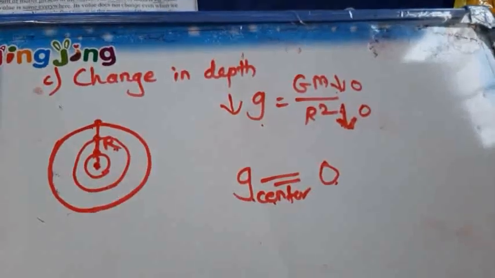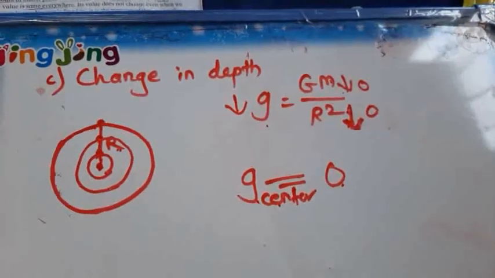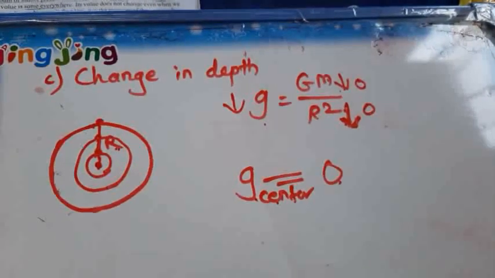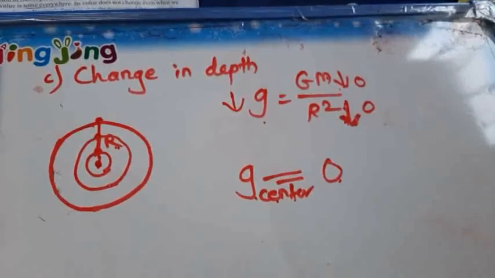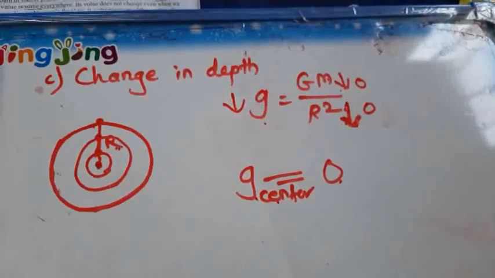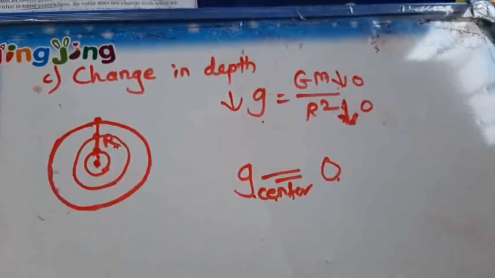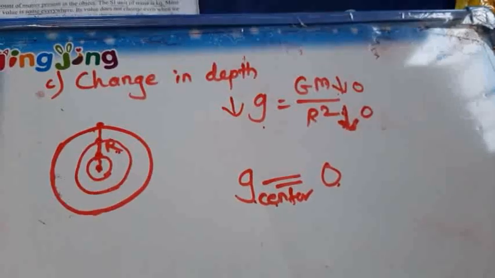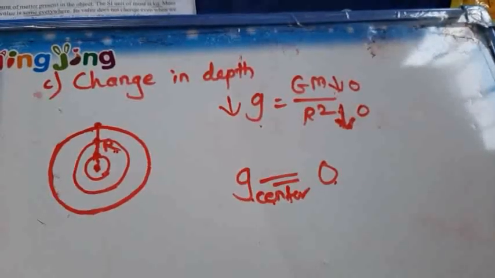So the acceleration due to gravity of the moon is about 1/6 of the value on earth. That is, it is reduced by a factor of 6 compared to the acceleration due to gravity of the earth. As a result, using the same amount of force, we can jump 6 times higher on the moon as compared to the earth.